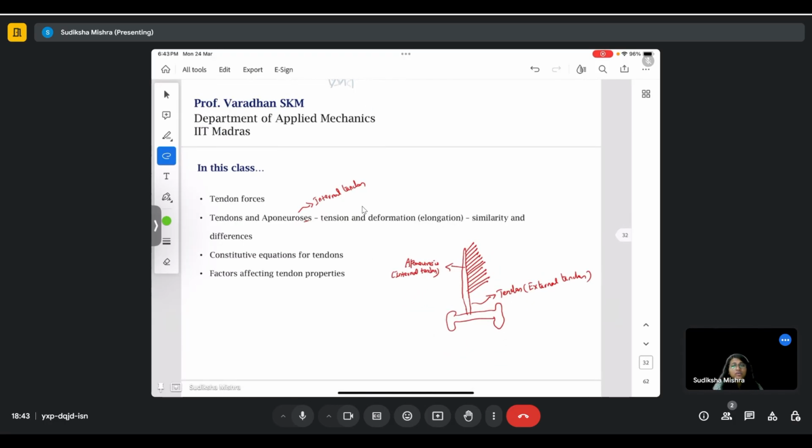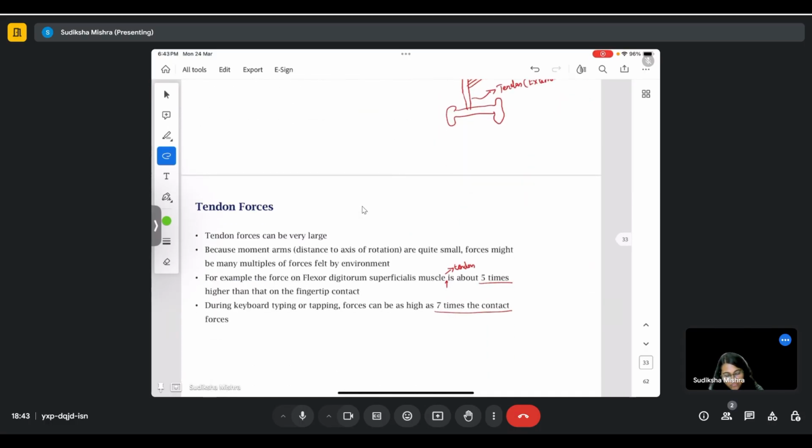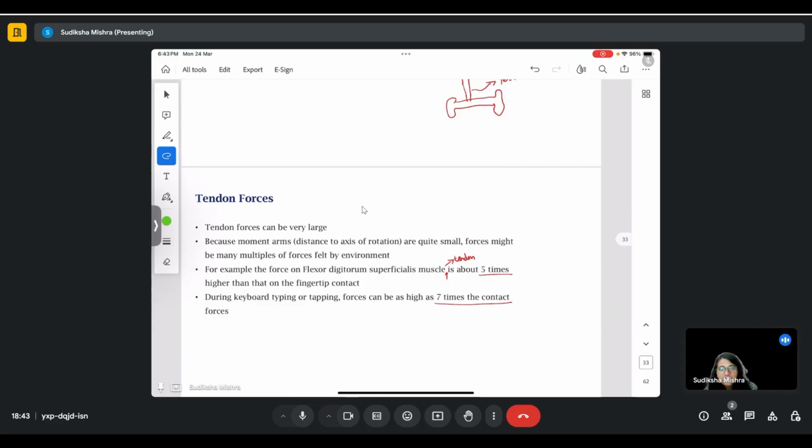Now let's look at various forces that are present in the tendon. In general, tendon forces can be very large, and because of some damping, the final force that functions, essentially the effect, might be smaller than the force generated, because the moments are very small.